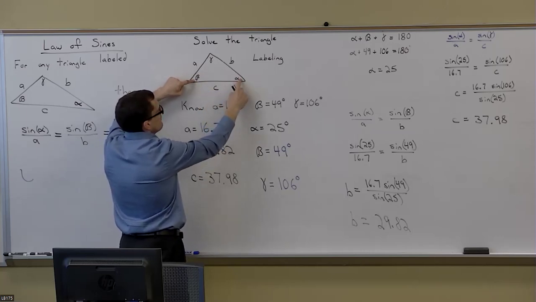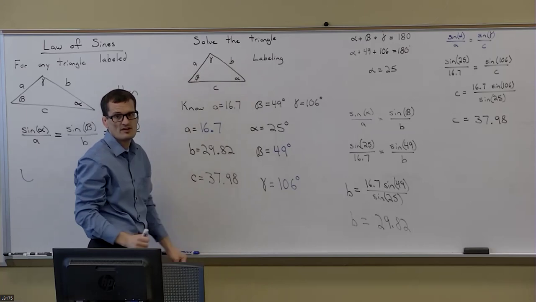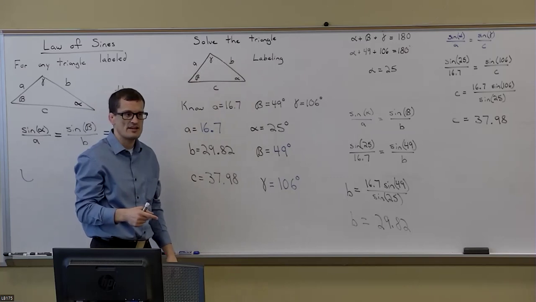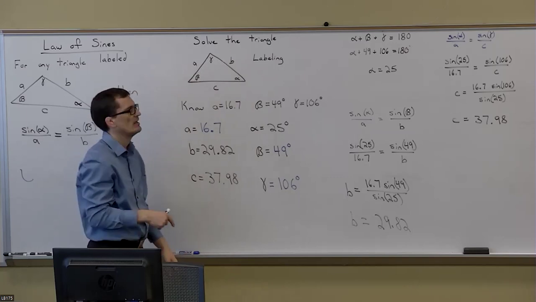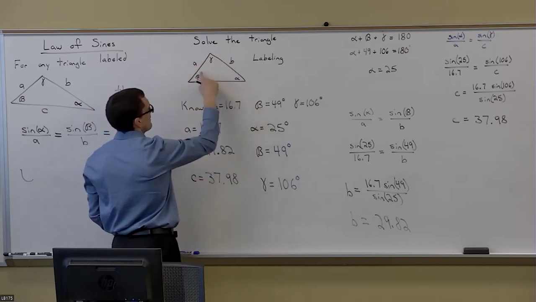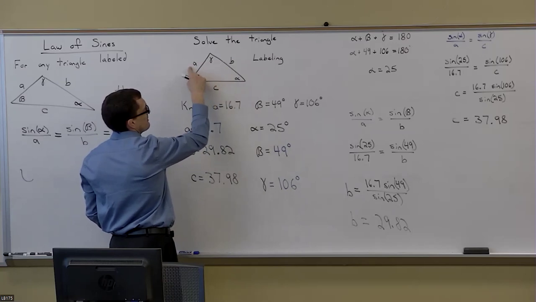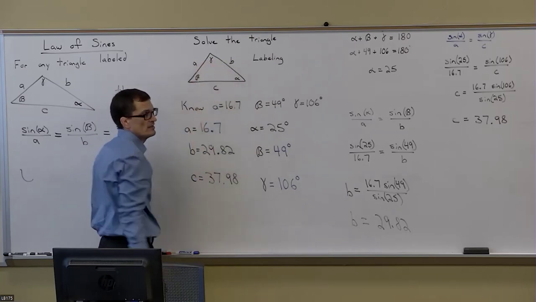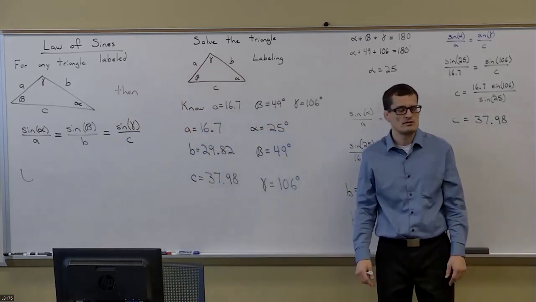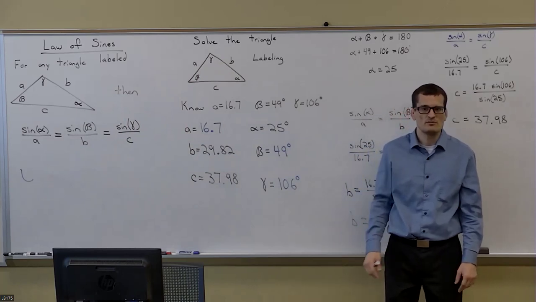If you have two angles and a side over here, that's angle, angle, side. Does that make sense? So the first one that we did was angle, angle, side, if you look back on it. This one is angle, side, angle, because we know the beta, we know the A, and then we know the angle on the other side. So this is angle, side, angle in that case.